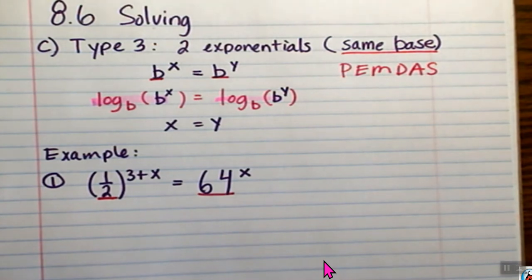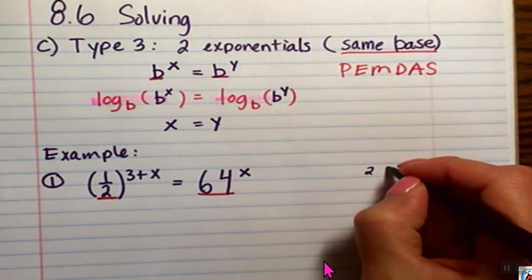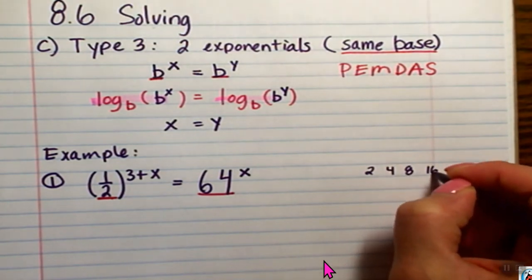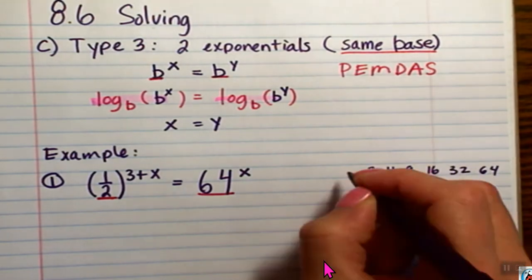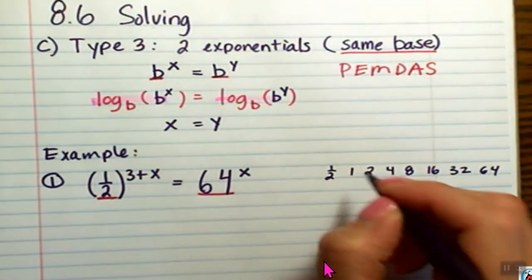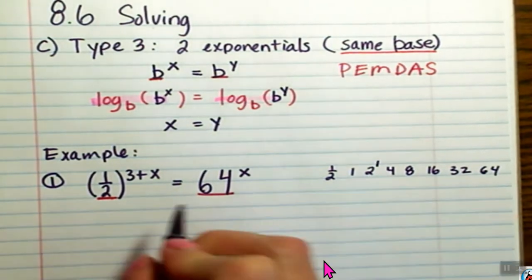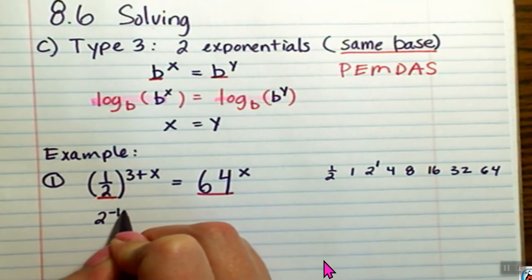I have 1/2 and 64. So I'm going to start with 2, 4, 8, writing out my powers of 2. So 1/2 is 2 to the -1.